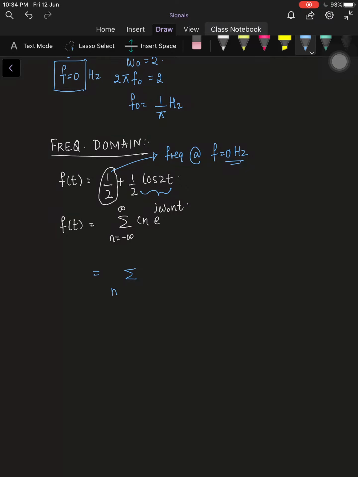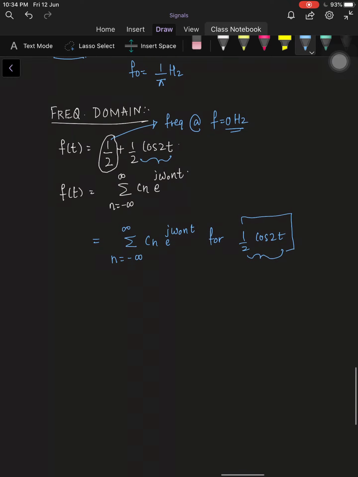So the sum from n equals minus infinity to infinity of Cn e power j omega naught nt, for half cos 2t. That is to say, what will be the Fourier coefficient and the complex exponential multiplication factor for this signal?